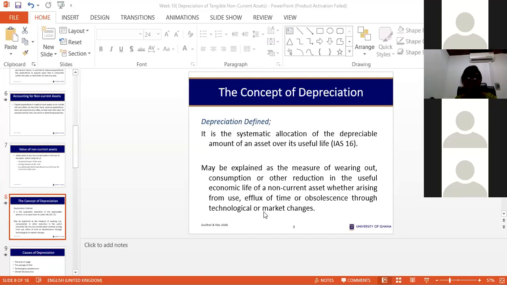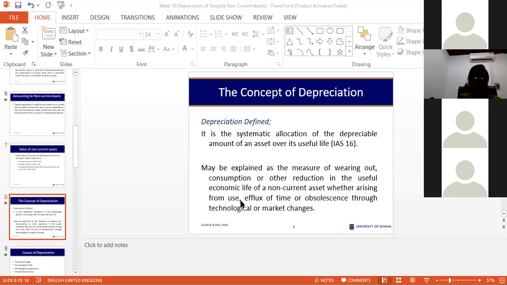In other texts, depreciation is described as the measure of wearing out, the consumption or reduction in the useful life of the non-current assets, either through use, so as you use it, it is wearing out. How do you replace that non-current asset? So as you use it and you have invested, you need to set aside some amount of money so you can replace it.